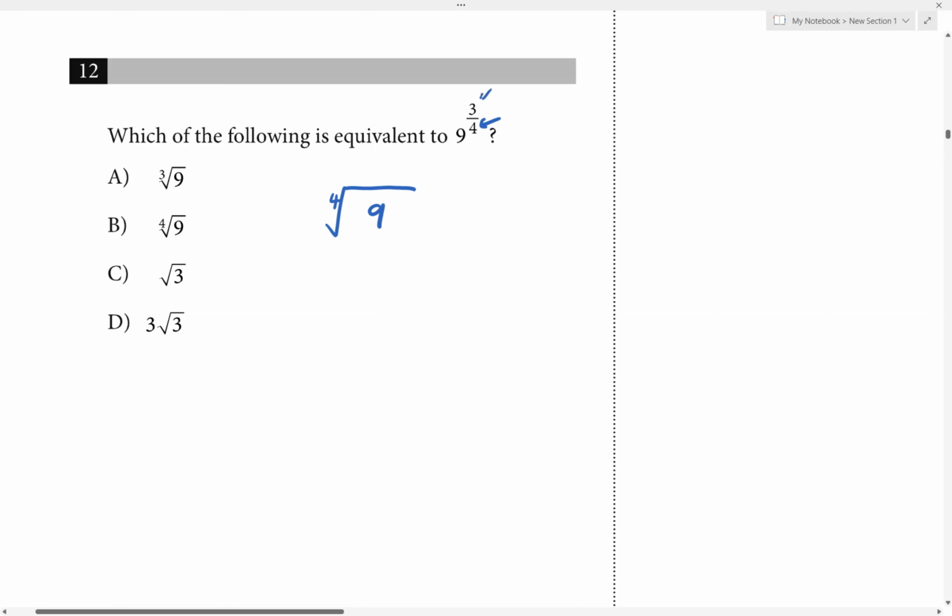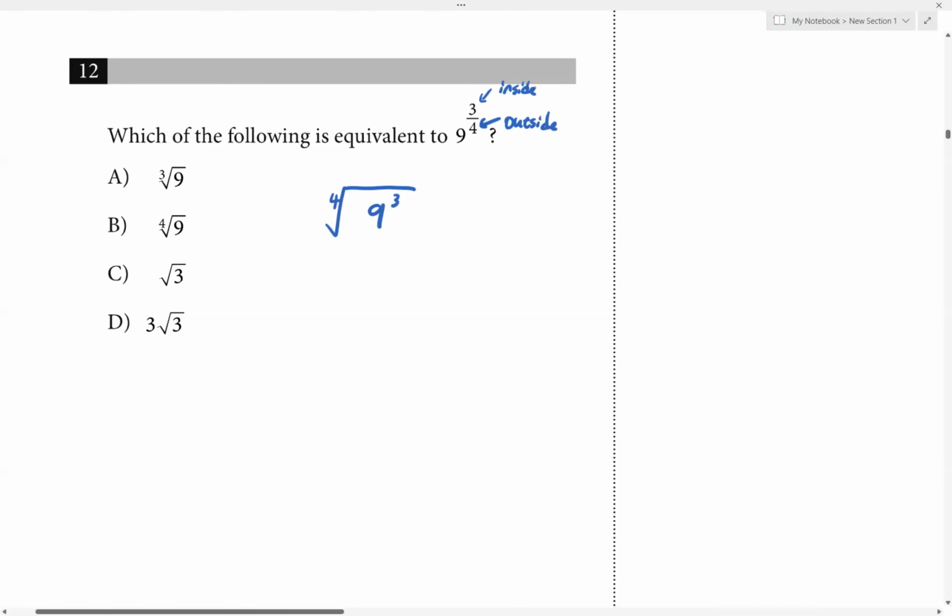And then the top number is a 3, so we should have a power of 3 on the 9. Whatever the fraction is, the bottom number always goes to the outside, and the top number is always the power, it goes to the inside.